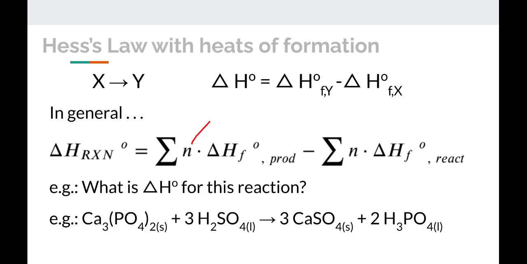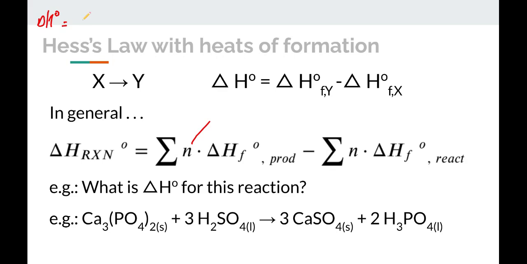So let's do an example problem. In order to do this, you're going to have to look up heats of formation from tables. They're available all over the place. You can search for them with a simple Google search or find tables online or in books, including your textbook. So to get delta H here, we're going to take the sum of enthalpies of formation of products minus the sum of enthalpies of formation of reactants.